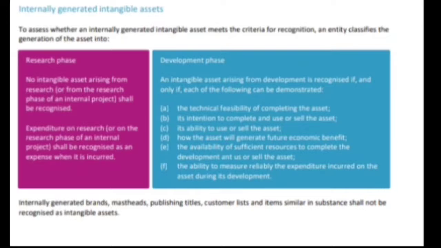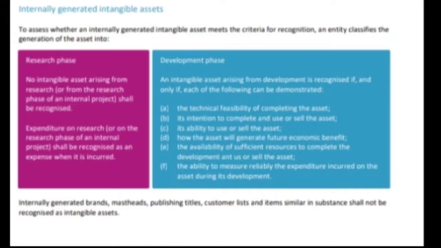First, the technical feasibility of completing the asset: if it is feasible that the asset shall be completed, then the development cost shall be accounted for as the cost of the intangible.